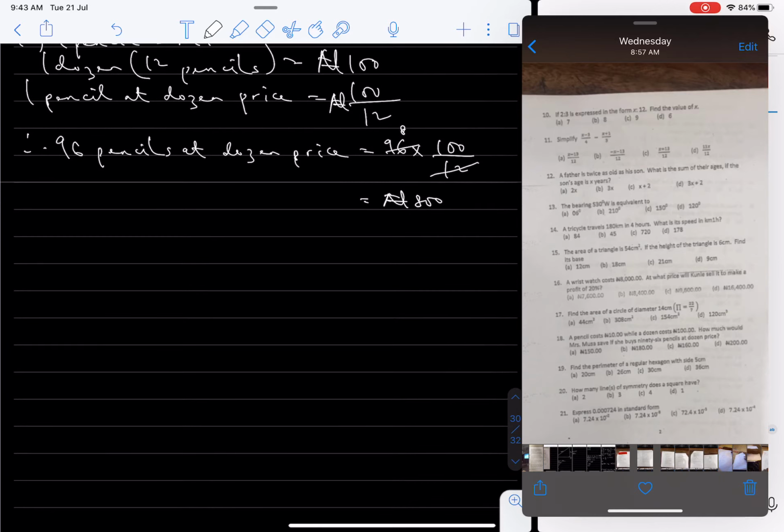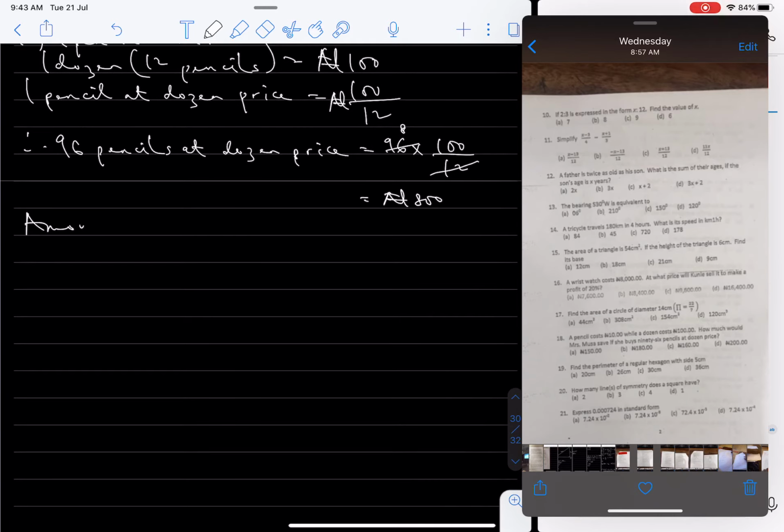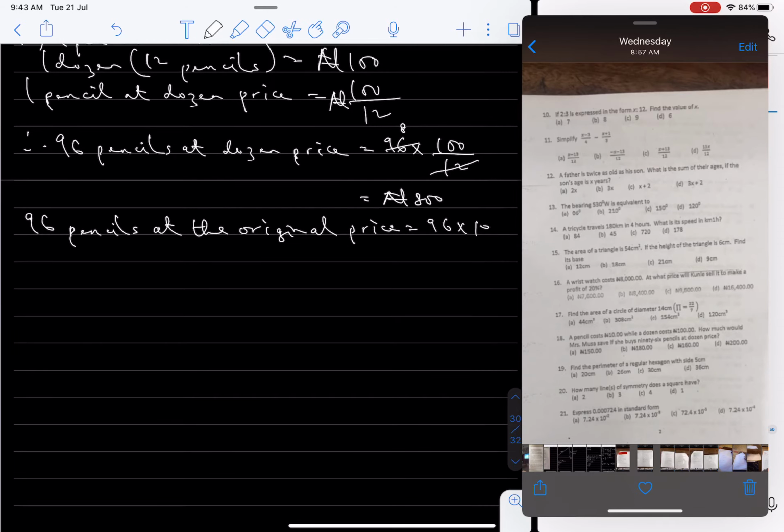naira. So amount saved, okay, 96 pencils at the original price. That's at the price without a discount. At the original price is going to be 96 times 10, which is 960 naira.